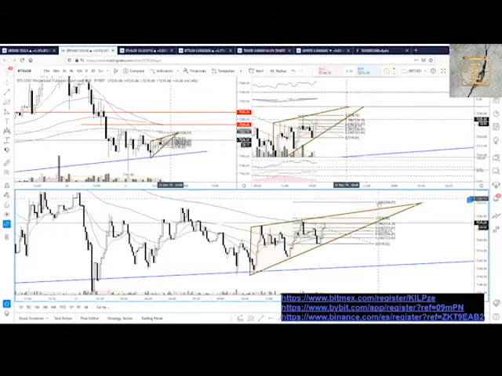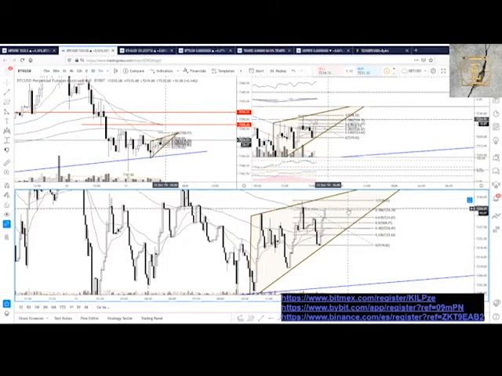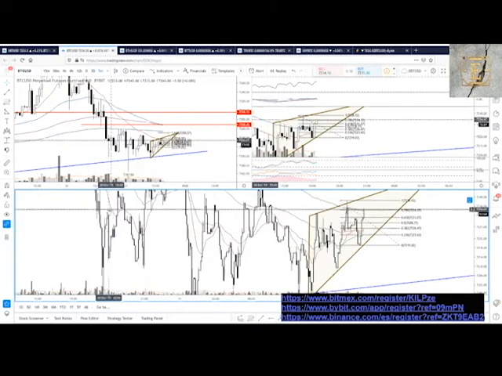And now is coming the battle, with bulls trying to push at this moment. But you need to know there was a lot of rejection before at precisely this level. This one, and this one.